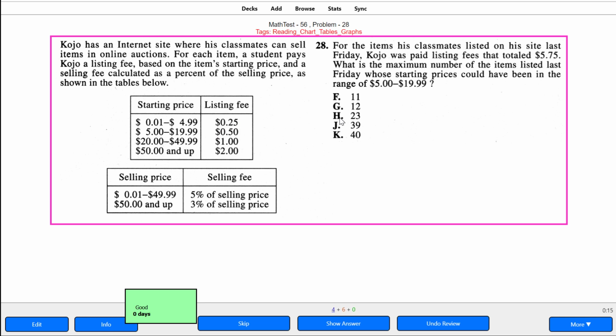Important to read number 28. The question is, how many items possibly were listed with a starting price between $5 and $19.99? His total fee was $5.75. If every item between 5 and 19 had a listing fee of 0.50, how many would be the total possible number of items that could be sold for that amount?